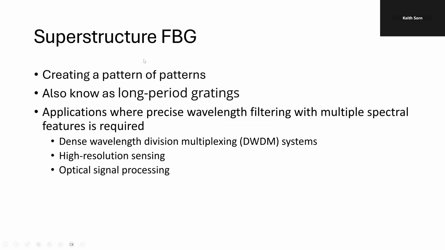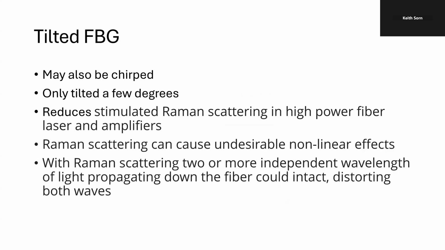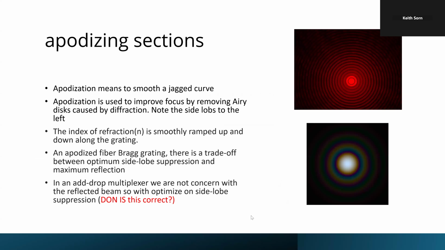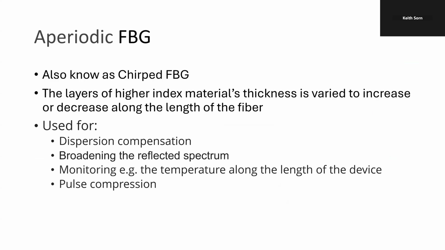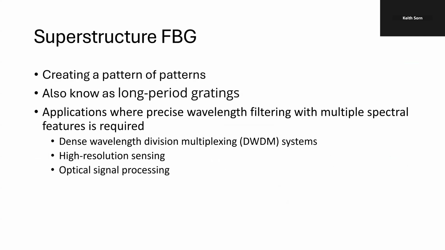The superstructure is also known as a long period grating, and I like to describe it as a pattern. See the pattern of I'm repeating 5 of another pattern where I'm repeating 3. So the superstructure FBG has the following applications.